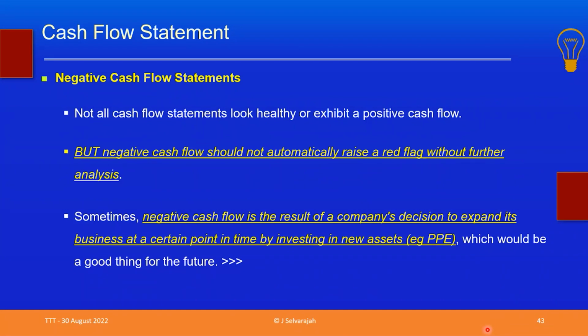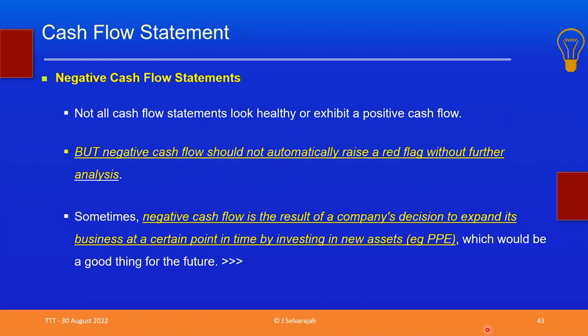So again, that's why you cannot generalize. But having said that, we normally look at a negative cash flow as not so good, but only when you take that extra step further to find out what the reasons are.